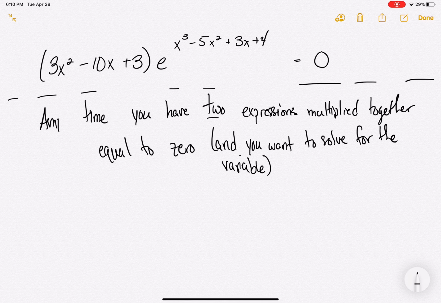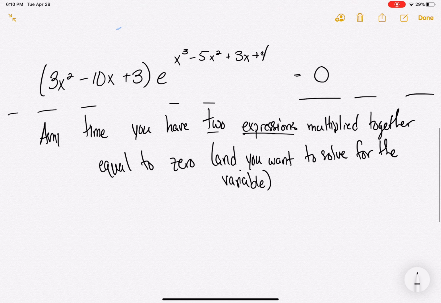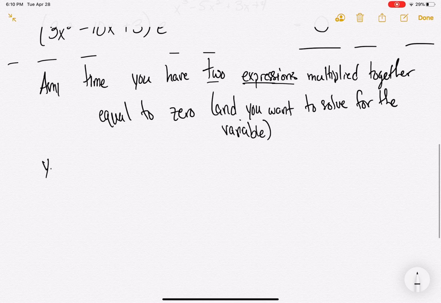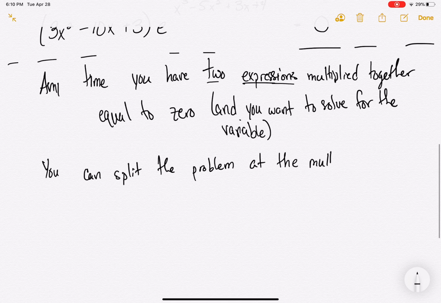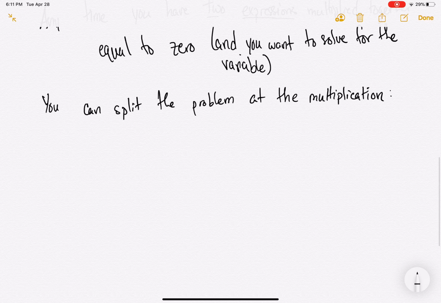These two expressions, since you're multiplying them, if either expression is equal to 0, then the whole thing is equal to 0. So you can split the problem at the multiplication, basically, is what I'm saying.